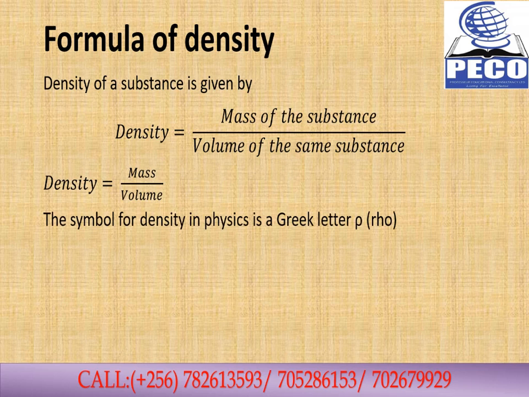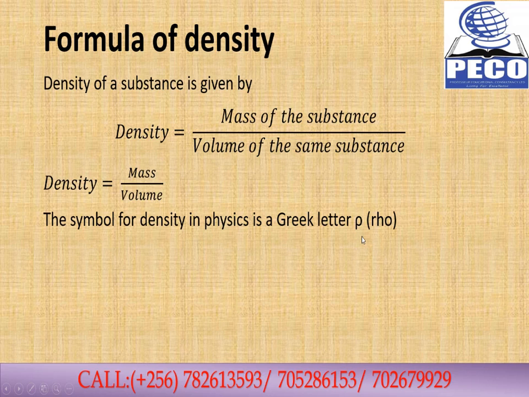So the symbol for density in physics is a Greek letter rho. I know from your primary you've been using D as the symbol for density, but I want to ask you, dear students, to adjust to these scientific letters, these Greek letters which are used in scientific subjects like physics, biology, chemistry, and we shall prefer that you write this letter which looks like P but is not a P. It is called rho.